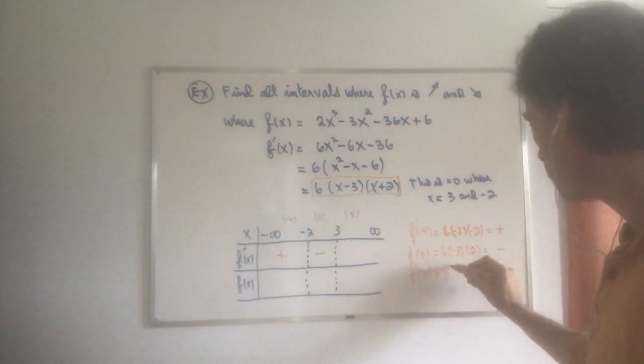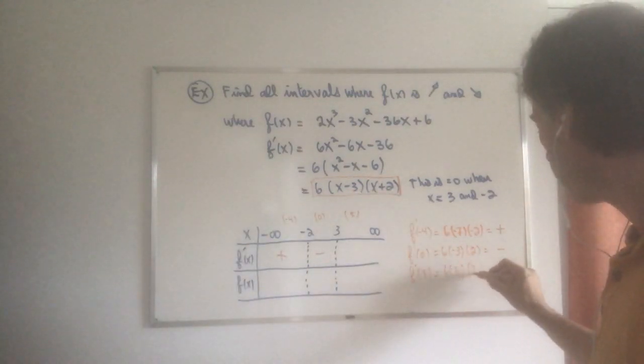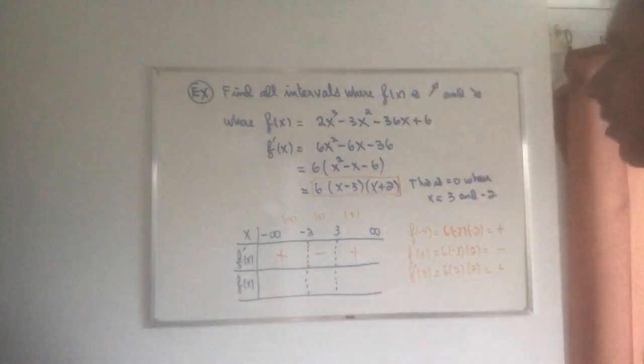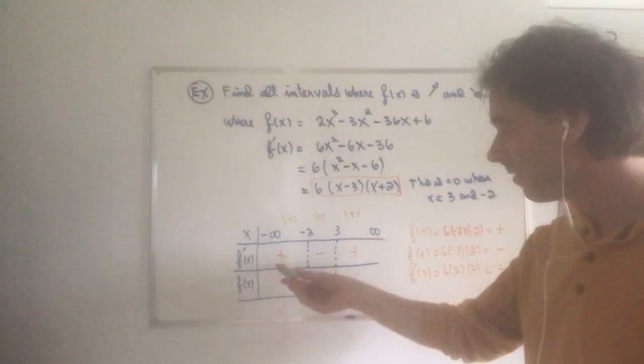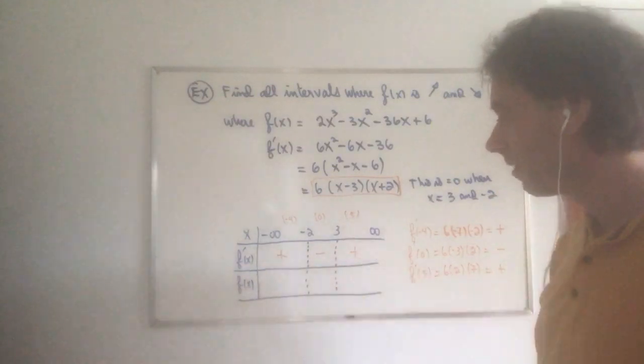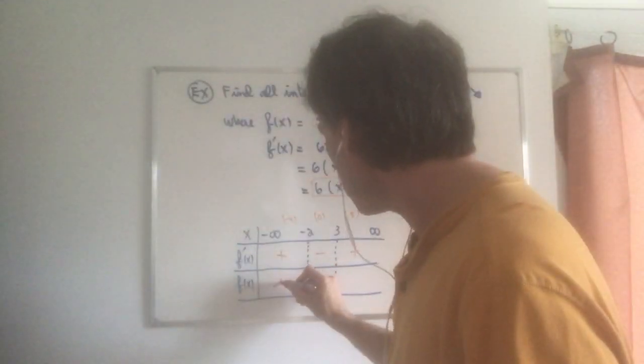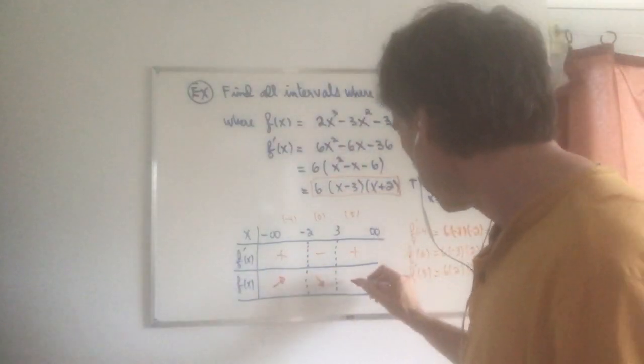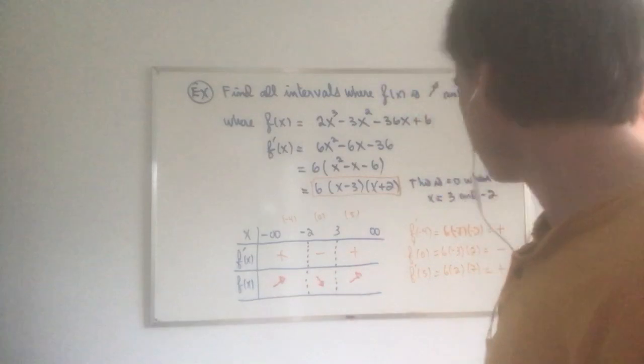So 6 times (5 minus 3) times (5 plus 2). Here everything is positive. Now what do we conclude? If that's a positive, that's a negative, and that's a positive, we may conclude that the function is increasing in this interval, decreasing in this one, and increasing here.